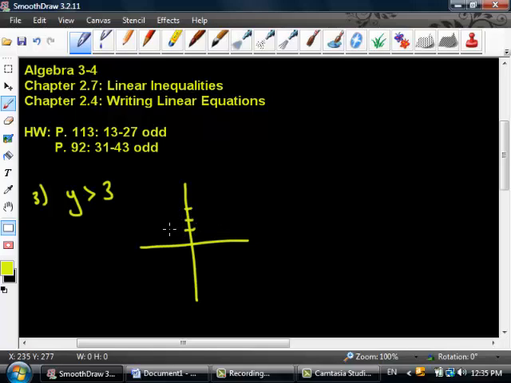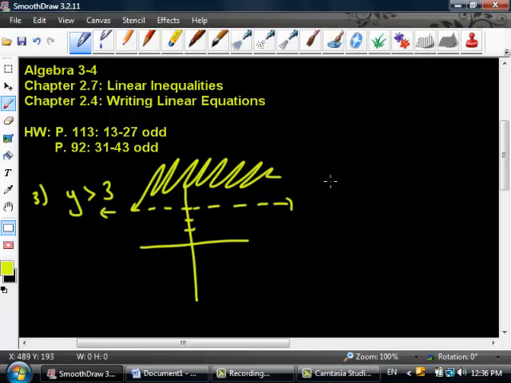It has a slope of what? 0. It has a slope of 0. So in this case, I have a dotted line passing through 3. And since y is greater than, which way am I going to be shading? Robert, which way am I going if I am above? Above. Okay, sorry about that. Kind of gave away the ending of the movie there.